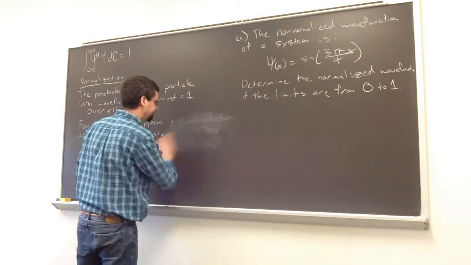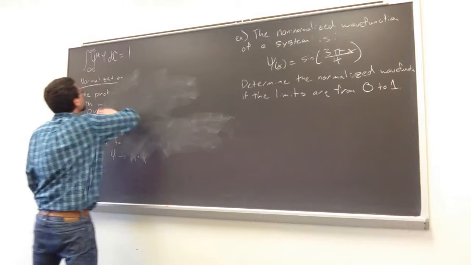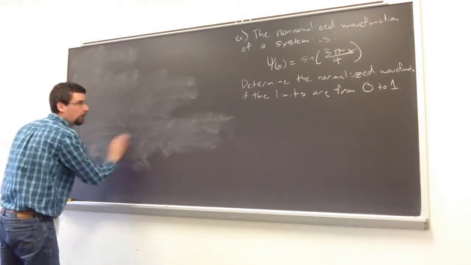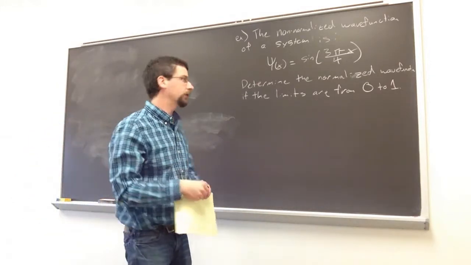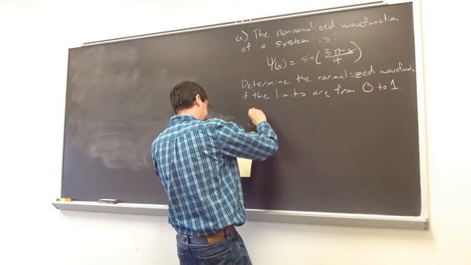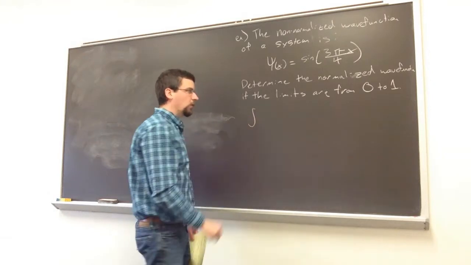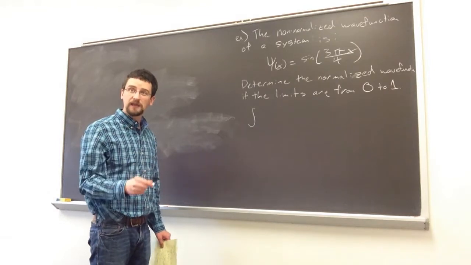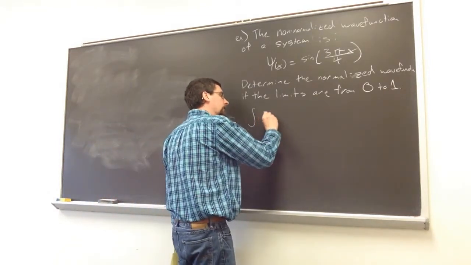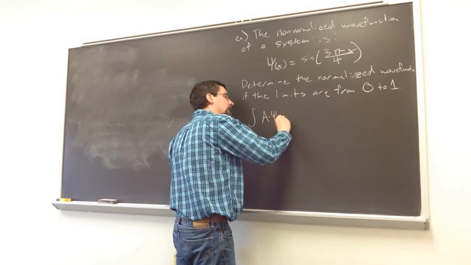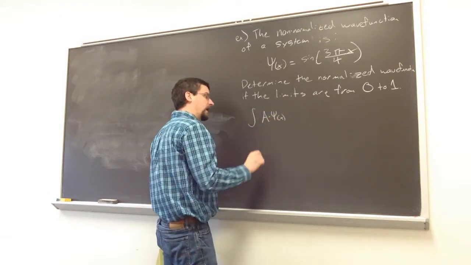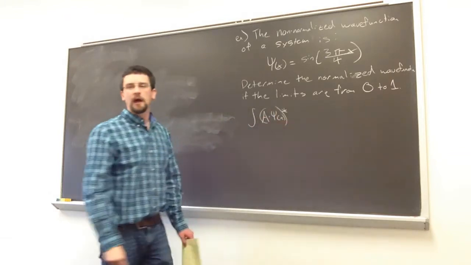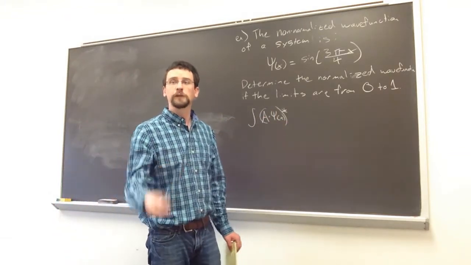Okay. So if we have a normalized wave function, we know over the limits it has to be equal to 1. What we're going to do is introduce a new term A, and A is the normalization constant. So we have A times psi of x. We have to take the complex conjugate of that. If you're not sure what the complex conjugate is, there will be another video on it.